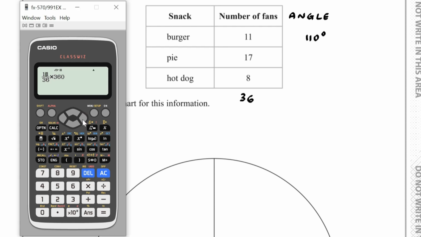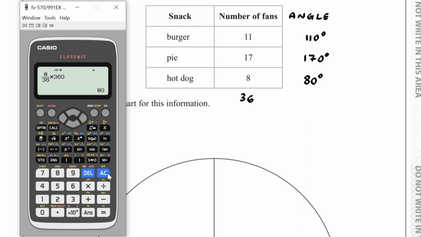The angle represented by pie, rather, 17 people like pie, so the angle represented by pie is 17 over 36 times 360. That's 170. And for hot dog, 8 over 36 times 360, that's 80. So we have 80 degrees.